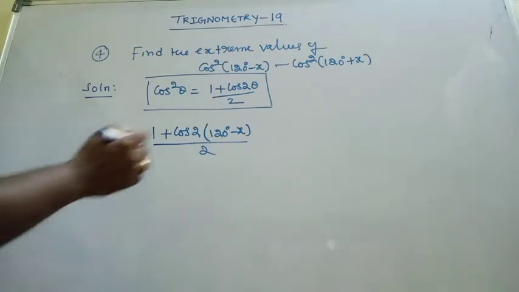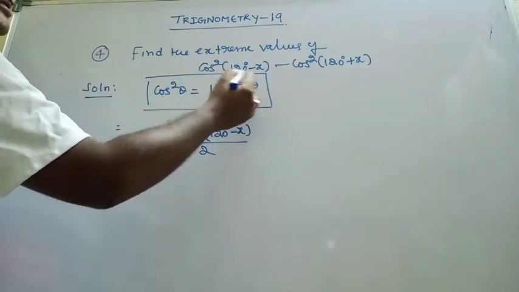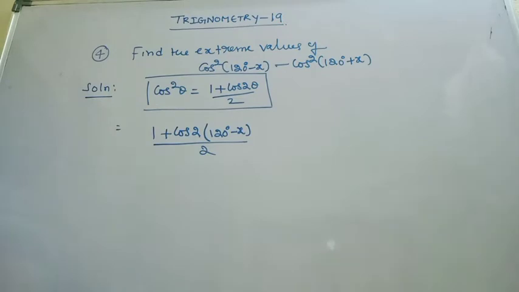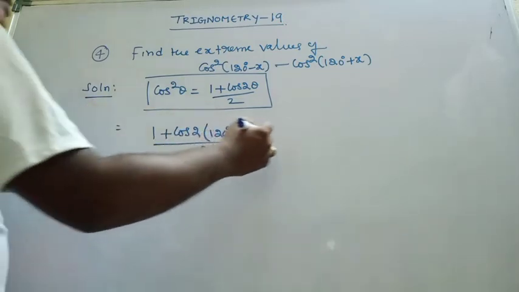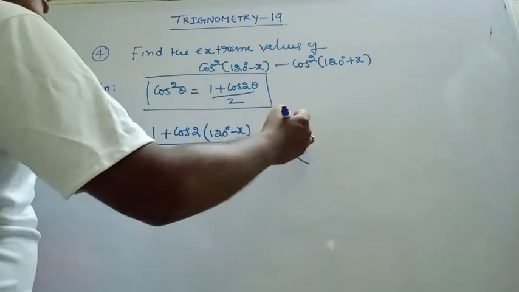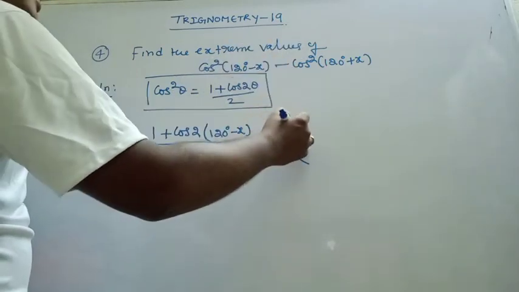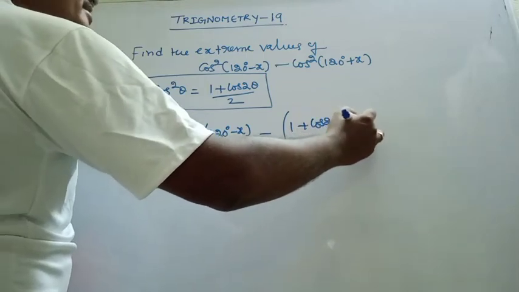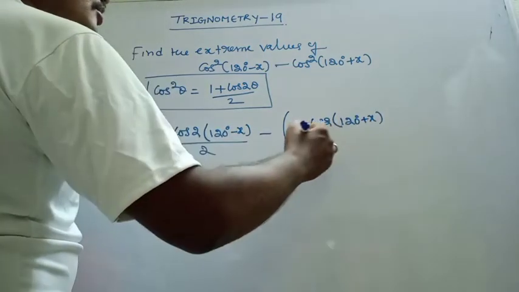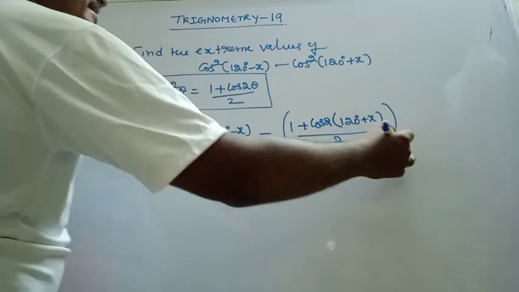Very simple. What we have written is, in the place of theta you are having 120 degrees minus x. This is now 1 plus cos 2 of 120 degrees minus x by 2, minus this is also cos square theta. This is now 1 plus cos 2 into theta. Theta is 120 degrees plus x, whole by 2, like this, right, my dear students?